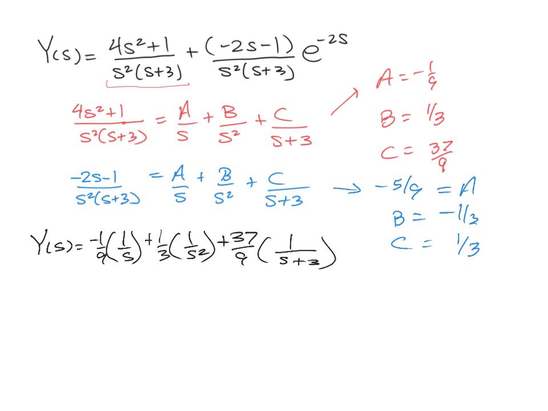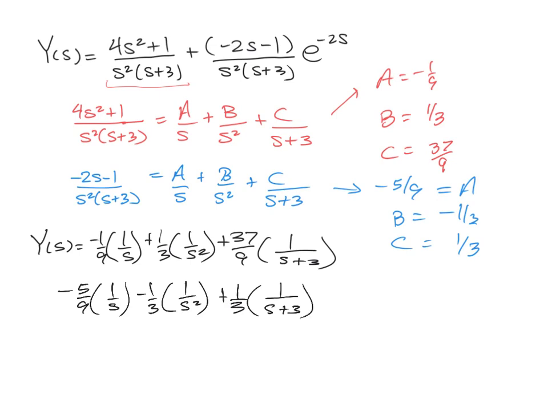And then that second term breaks down into -5/9 times 1 over s, minus the 1/3 times 1 over s squared, plus 1/3 times 1 over s plus 3. But this whole partial fraction decomposition is times that e to the -2s.